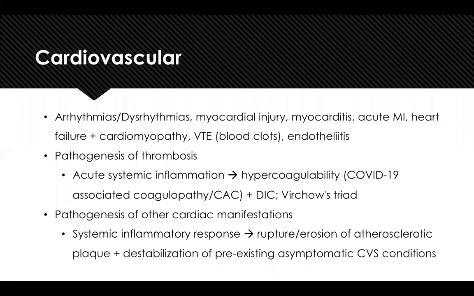And this is because whenever you have inflammation, you have destabilization of pre-existing conditions, even if they were asymptomatic. There's something known as atherosclerosis. It's just the deposition of lipids and cholesterol in your vessels. This inflammation can cause rupture of these atherosclerotic plaques. And for example, if these were in your heart vessels, it can result in things like myocardial infarction.